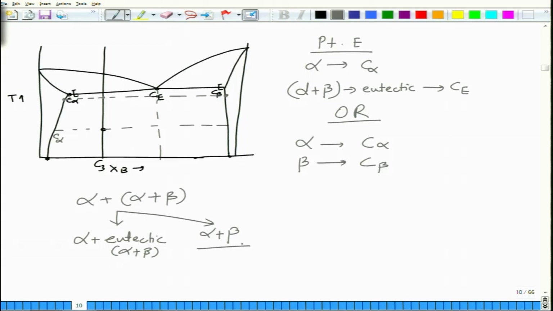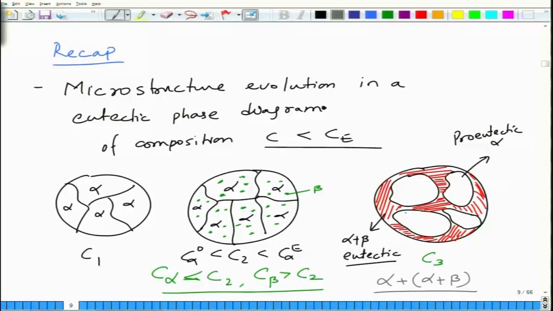But the distinction is that alpha is present in two different forms. The composition of alpha in both eutectic and pro-eutectic phase is the same, C alpha. The pro-eutectic alpha is present in the form of these grains, whereas in the eutectic it is present in the form of these plates. Both have similar composition, it's just that their morphology is different, whereas beta is present only in the form of plates.